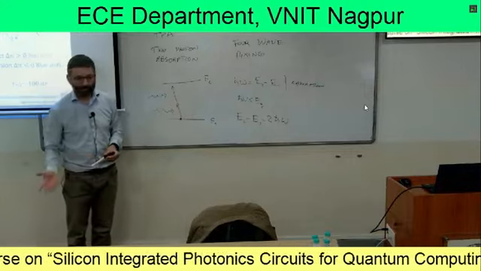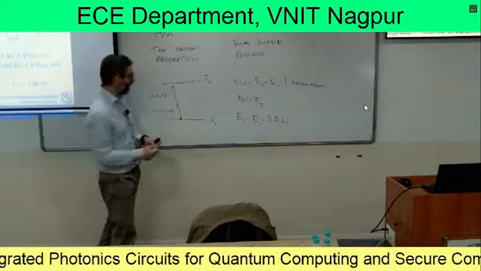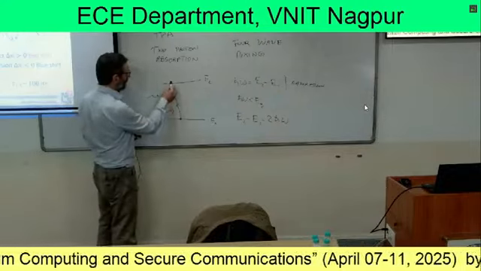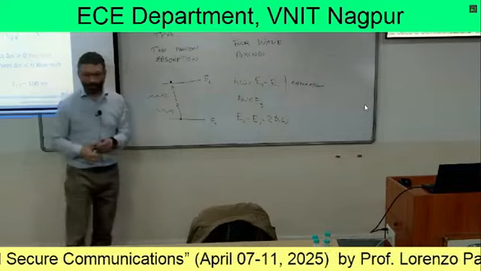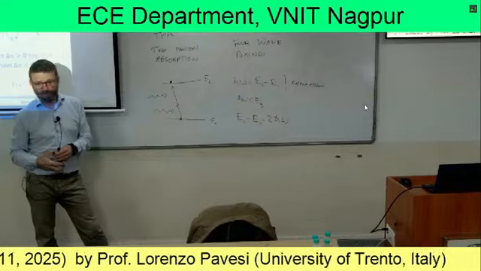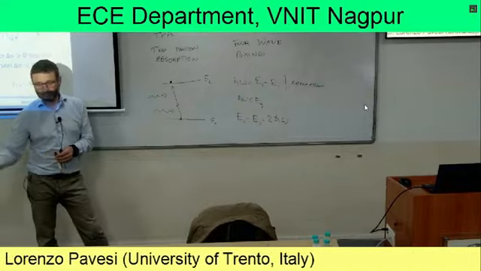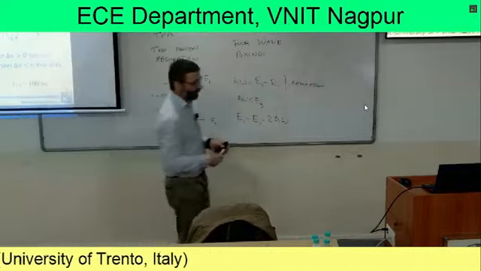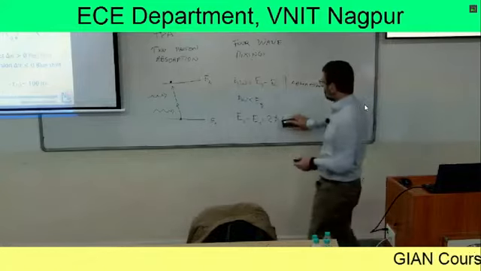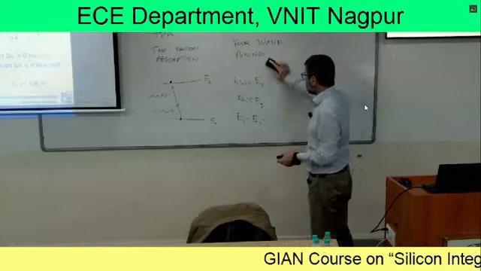So this is a process by which we absorb light by absorbing two photons at the same time, and the process is called two-photon absorption. As a result of this process, we generate free carriers.